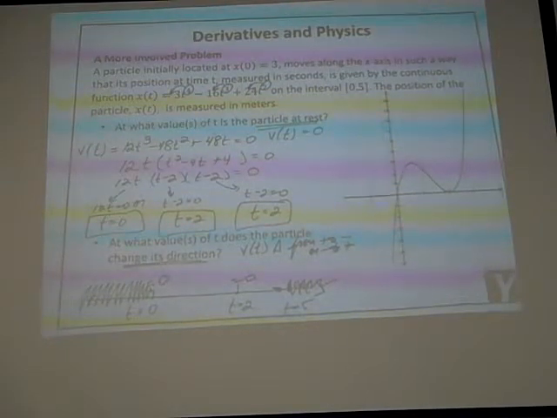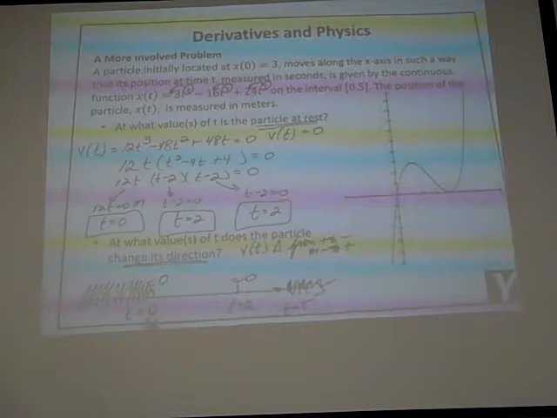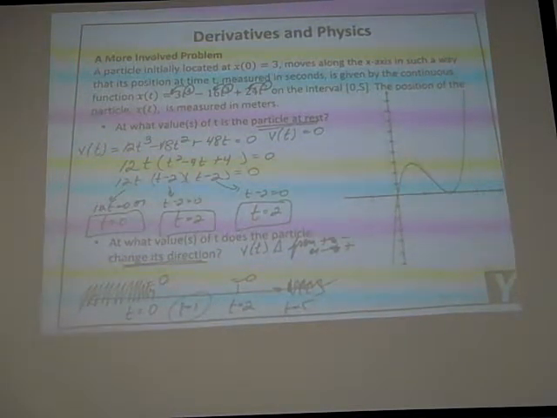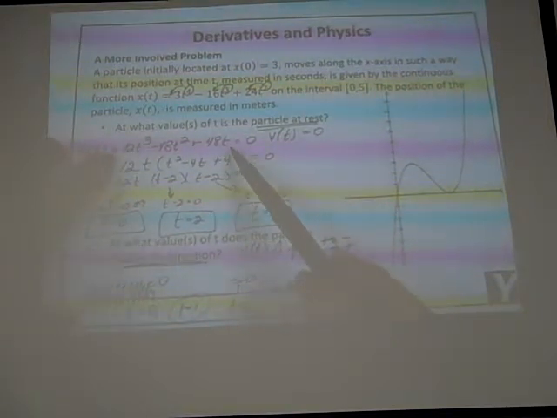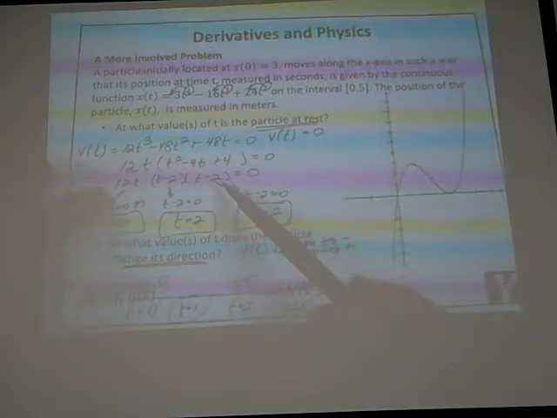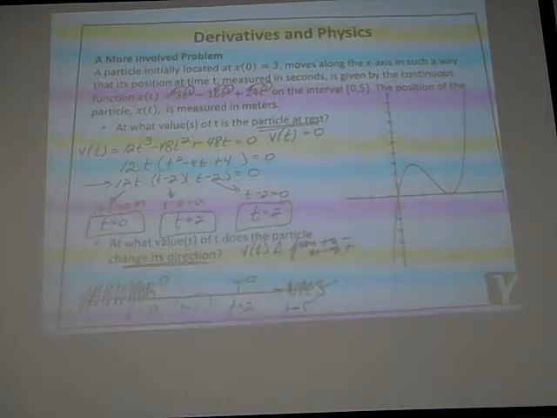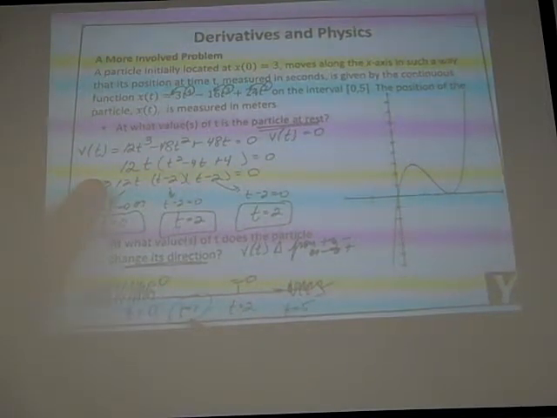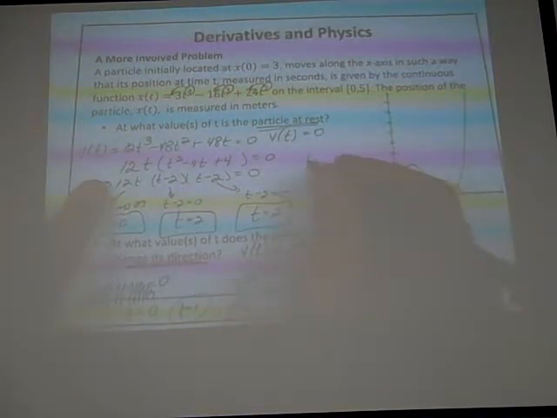All I care about is the velocity of the particle between 0 and 5 seconds. So my number line people are going to select a value of time between 0 and 2. I choose t equals 1. That'll be a nice number. We're going to go back to our original derivative, and plug in 1 into any one of these 3 functions. It doesn't matter which one. I'm going to use the factored one because I think it's easier to work with.